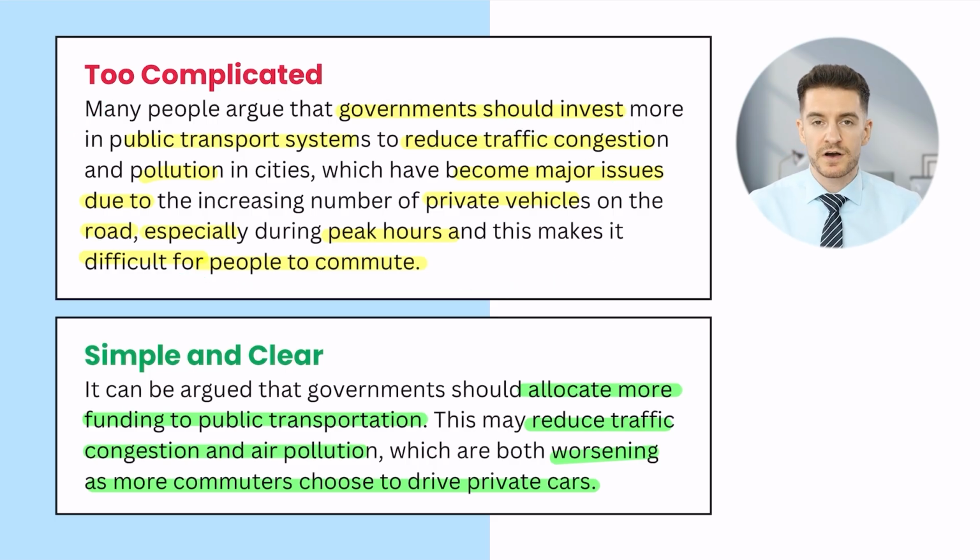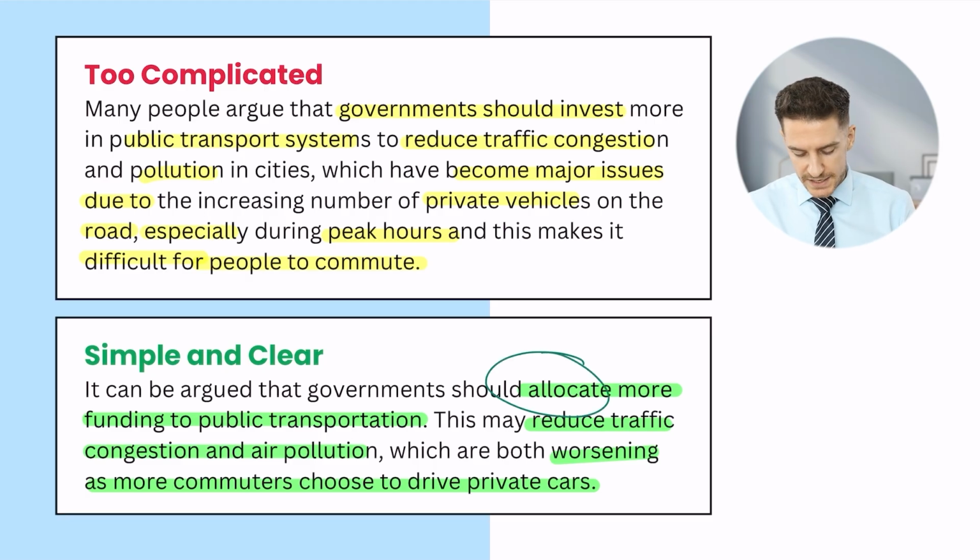So a lot of the time, simple writing is much better than very complicated, fancy writing that is trying to impress the examiner. So when you're writing, make sure you keep it simple, but at the same time, still use higher level vocabulary and grammar. So if we go back to this simple and clear sentence or sentences, you can see that there is some high level vocabulary. For example, we've got allocate, we've got funding, we've got congestion, commuters, worsening.